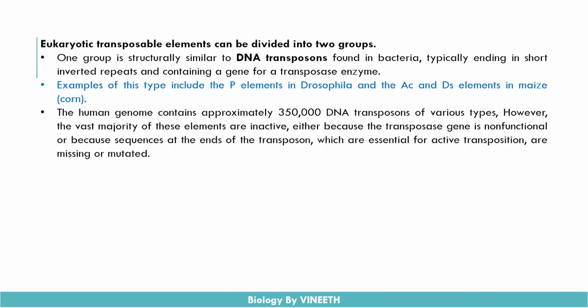Different corn kernels have different colors: purple, yellow, white, or transparent, and sometimes brown and green. These different color patterns, or phenotypic variations, are produced by the AC and DS elements, because of the presence of these transposable elements in the corn kernels.